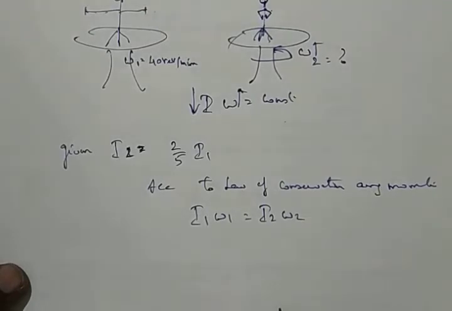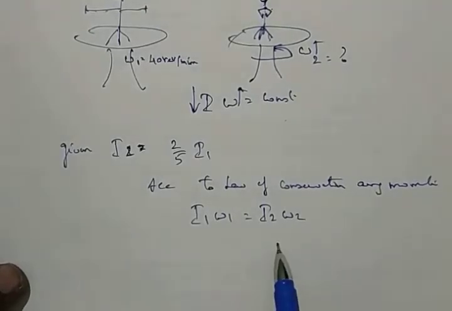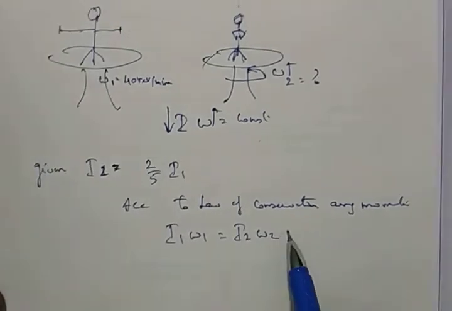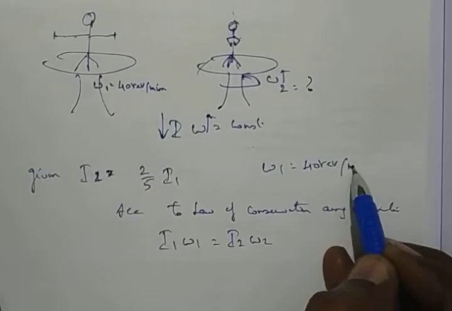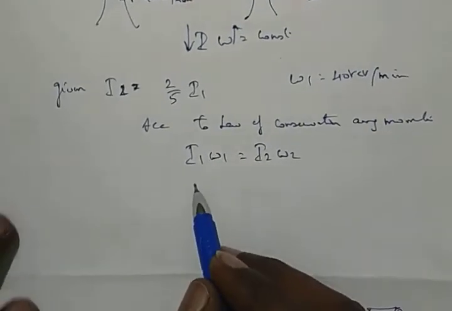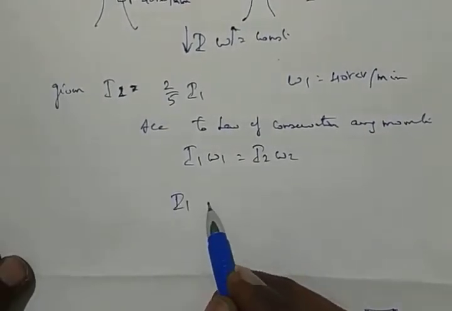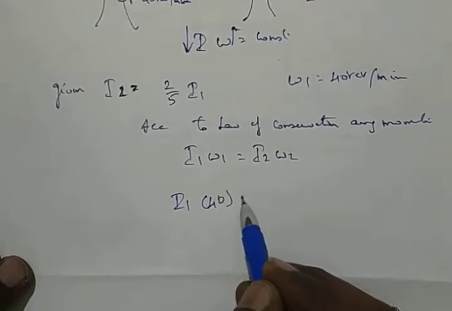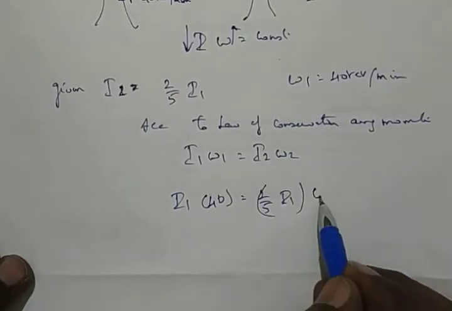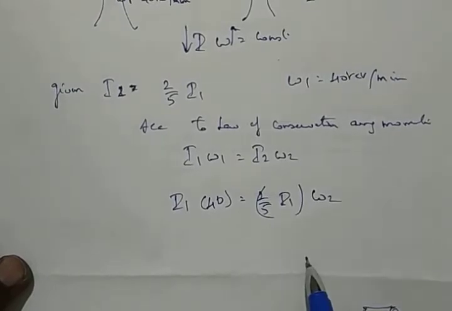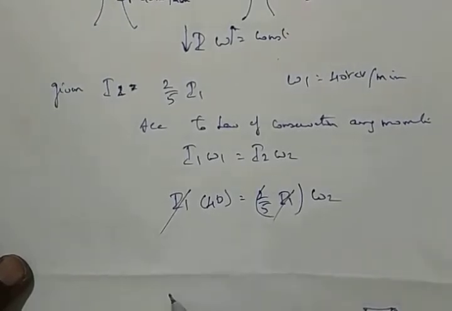So we need to find out the value. Omega 1 is going to be equal to 40 revolutions per minute. It's already given there. So I1 into 40 is going to be equal to 2 by 5 of I1 into omega 2. So I1 gets cancelled out.